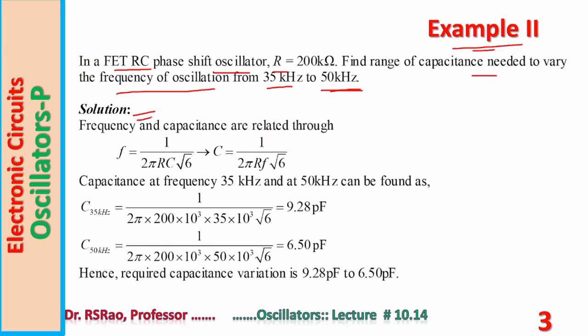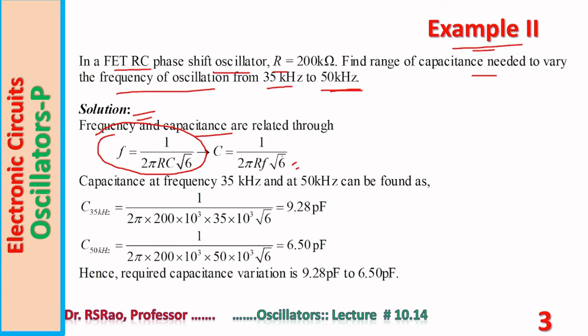Solution. Frequency and capacitance of an RC phase shift oscillator are related through F equal to 1 over 2 pi RC root 6. From this, C equal to 1 by 2 pi RF root 6.